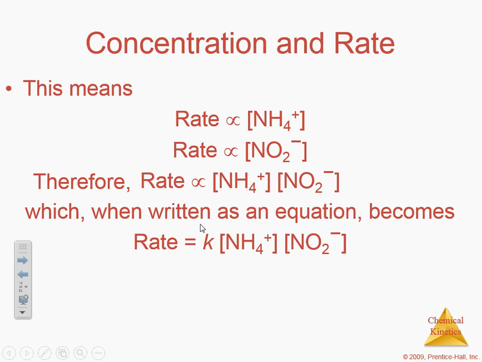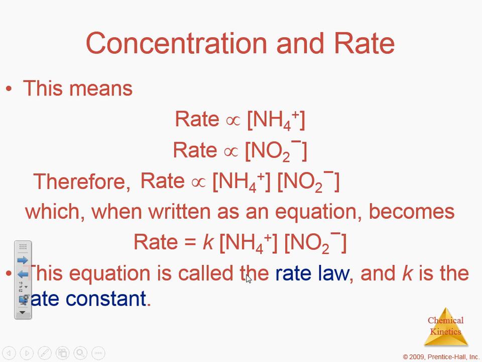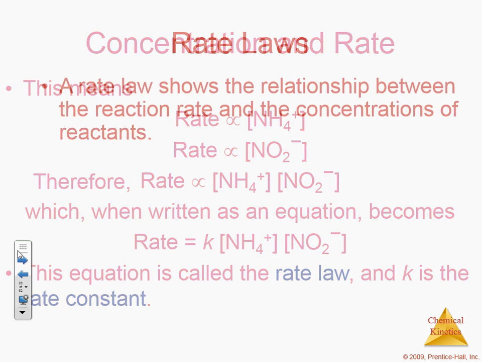So K is the rate law constant, NH4 is the concentration of NH4, NO2 is the concentration of NO2. Now, what's cool about this is this equation is called a rate law, and K is the rate constant. So here is our rate equation. How fast is this going?